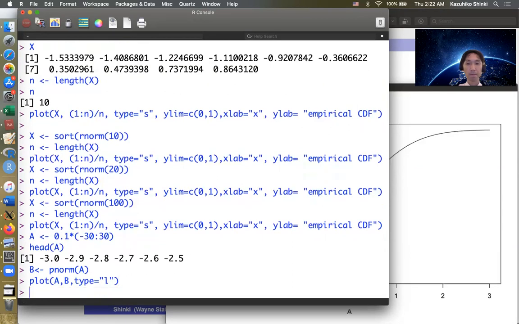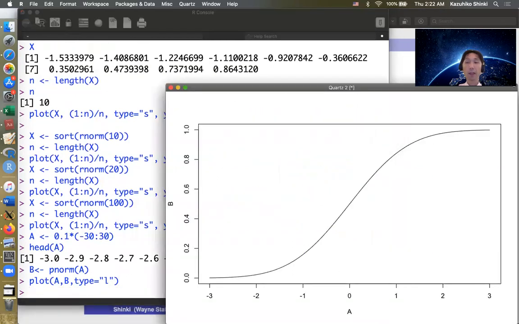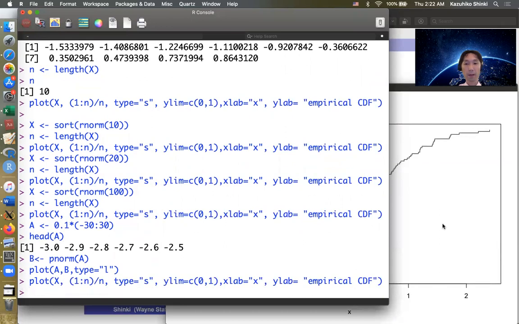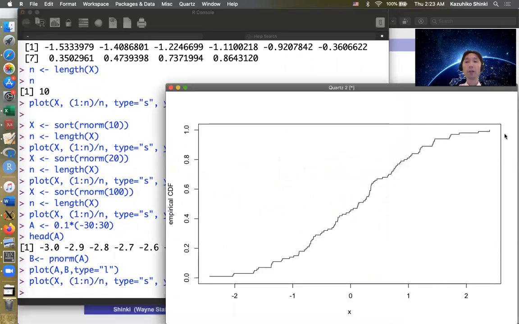Okay, this is the CDF of the normal distribution, but if n is large, we have seen that this curve is pretty close to the CDF, so it's a good estimate for the cumulative distribution function.